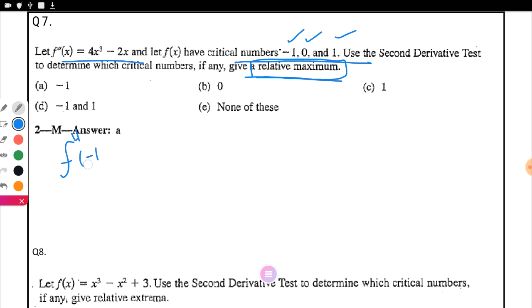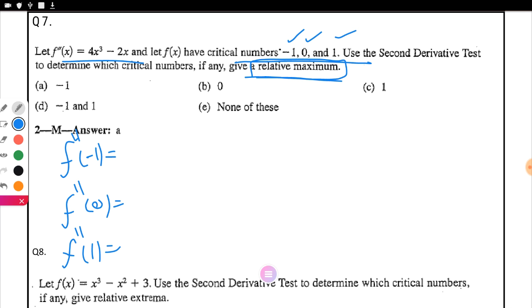The second derivative at -1, the second derivative at 0, the second derivative at 1. The sign of the second derivative tells me what kind of extrema we have at each critical number, and as you know, the relative extrema occur at critical numbers.